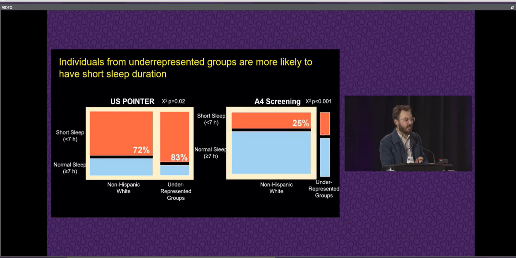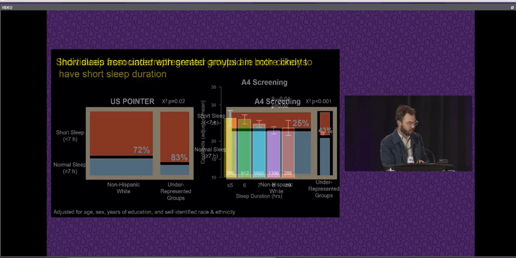And in A4, this goes from 25% of the non-Hispanic white to 43% in the underrepresented population. So I just want to illustrate here that even though we have these proportional differences in demographics, it's certainly not explaining the difference in sleep behavior across the two cohorts.